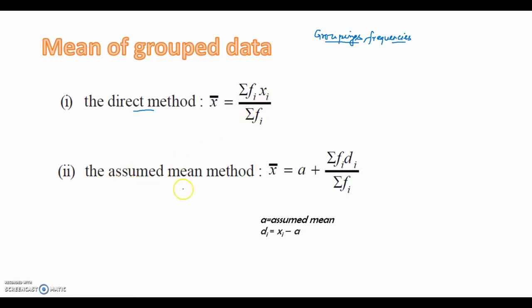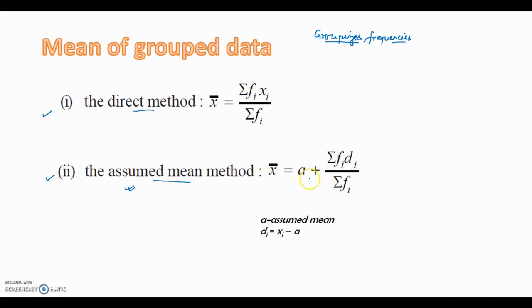And the second method that we discussed was the assumed mean method, which is nothing but an extension of the direct method itself, and we got the assumed mean method to simplify the calculations that we were trying to do in the direct method. So whether we use the first method or the second one, the answer is going to be one and the same. The only difference will be the way in which we do the calculations.